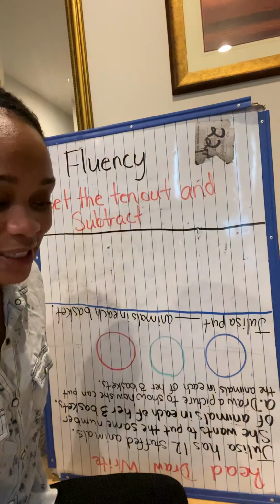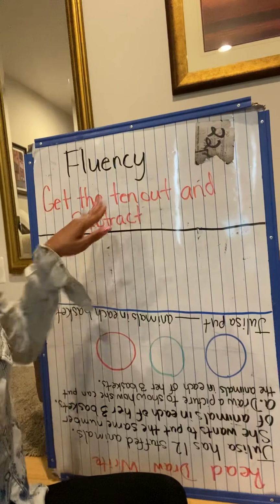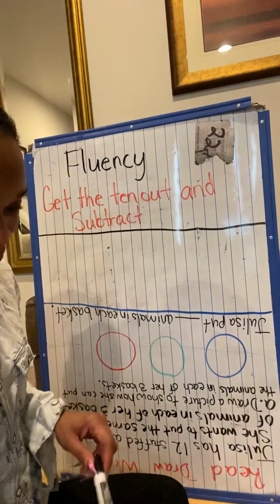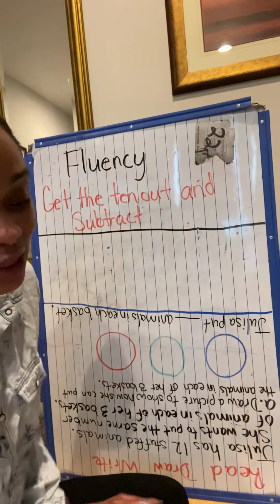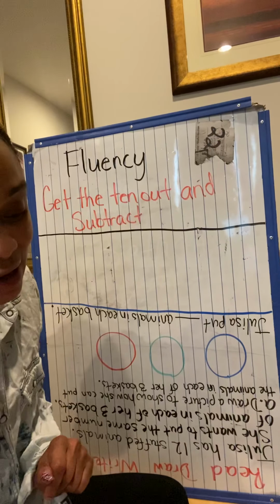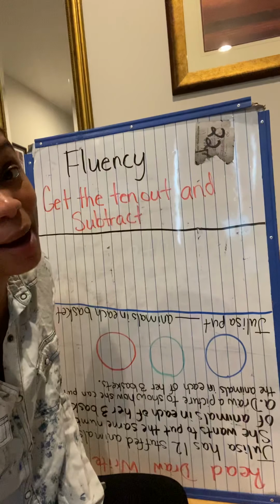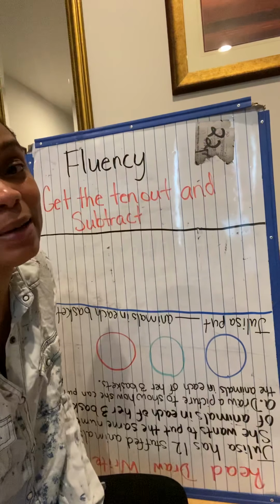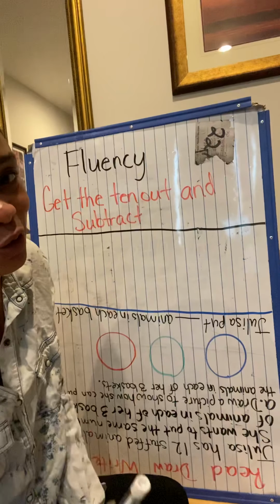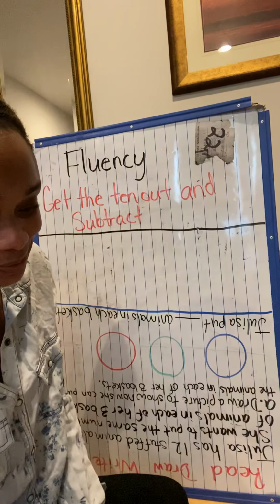So I'm going to go ahead and get started with some fluency. For today's fluency activity, we're going to get the 10 out and subtract. For every expression I give, I want you to subtract the ones from 10. So when I say 12 minus 4, you would say 10 minus 4 equals 6. Right now, the only thing you're doing is subtracting the ones from the 10.